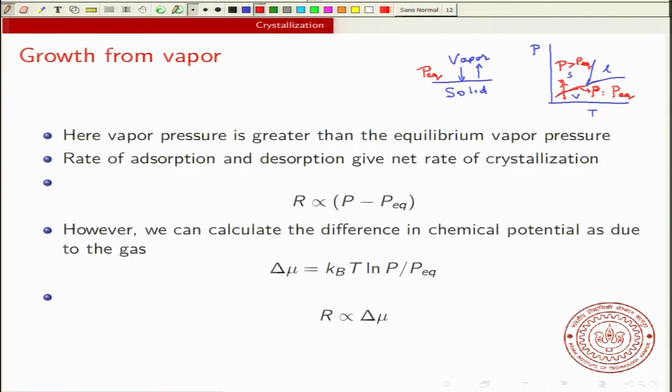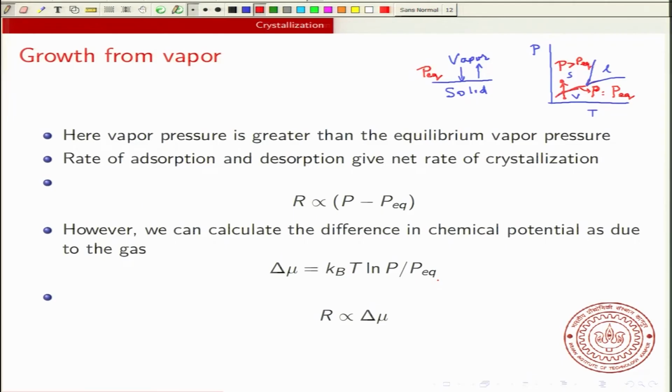So the change in chemical potential is only due to the change in the gas, and if you just use the ideal gas law, then the difference in chemical potential between a gas at pressure P and a gas at pressure P equilibrium is given by this quantity.